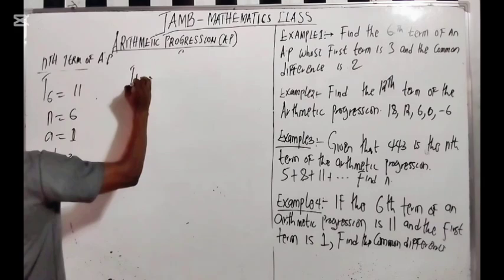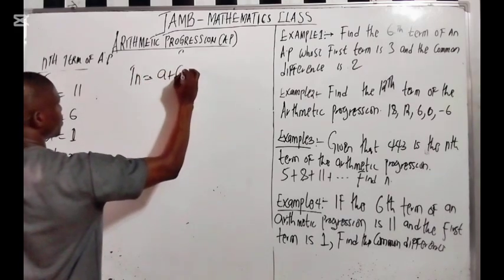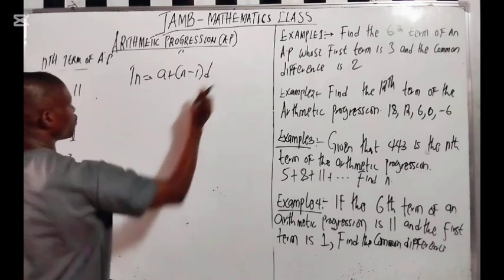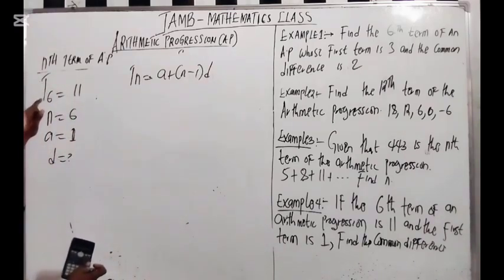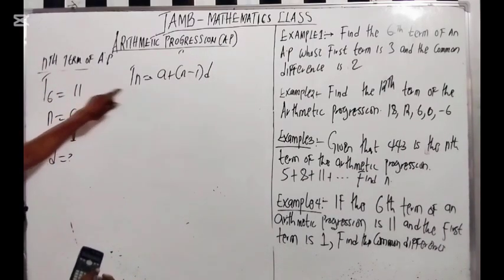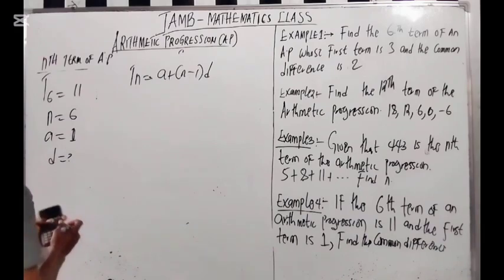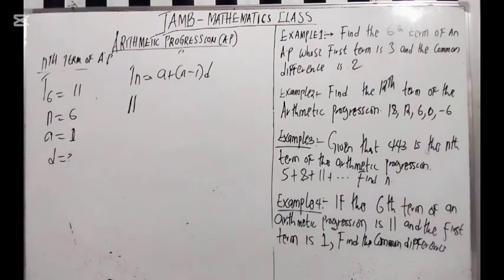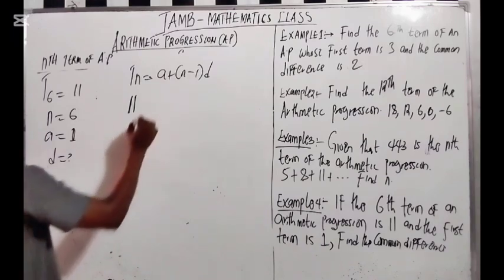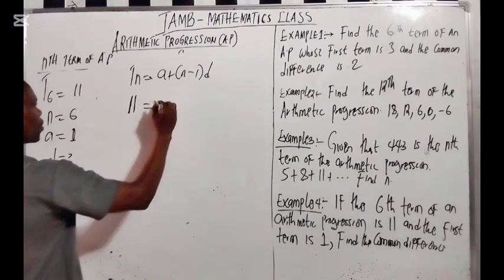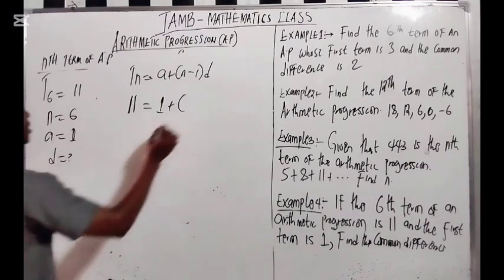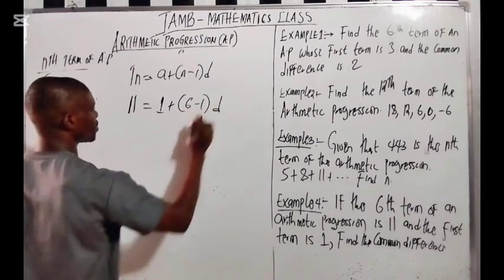So the nth term equals a plus (n minus 1)d, right? Let's input our values here. This T, which is 11, equals a, which is 1, plus my n, which is 6, minus 1, then d, right?